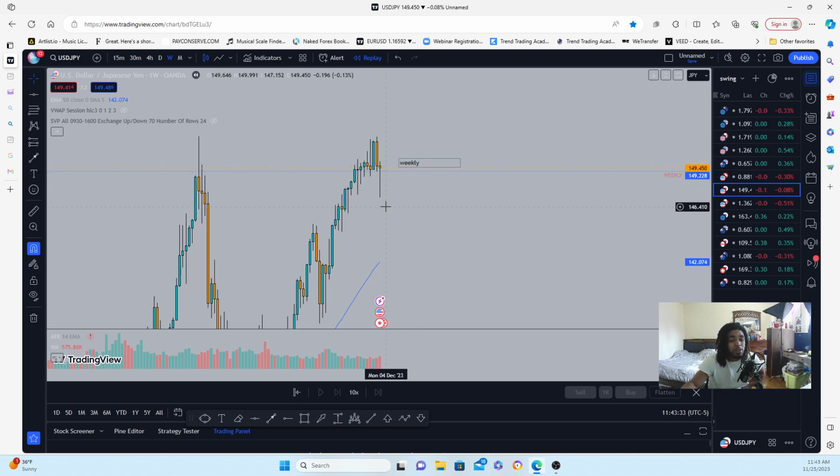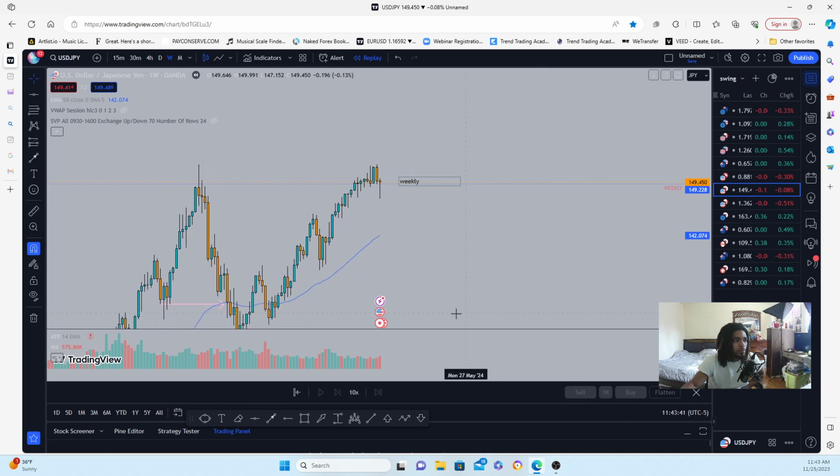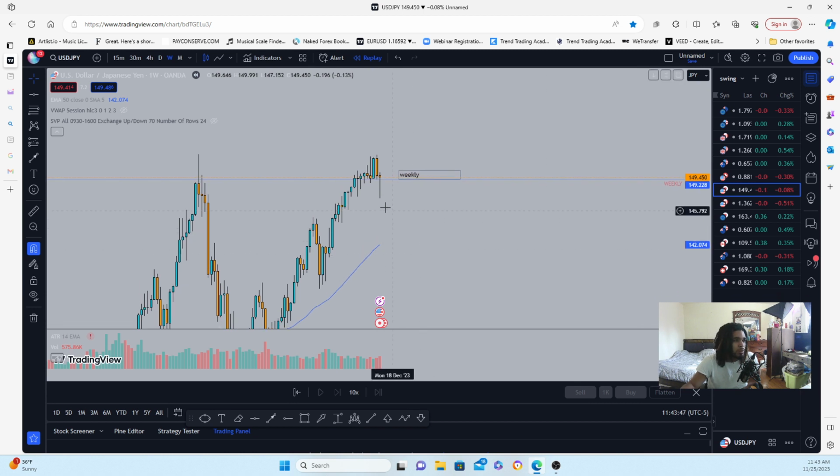And a lot of the time long wicks mean that there's a lot of bearish pressure. There's a lot of bullish pressure here too because of the way the market's moving. Total market structure is bullish. So it makes sense that the buyers came back and pushed that price back up. But it makes sense that there's sellers here too. So we just got to be careful.